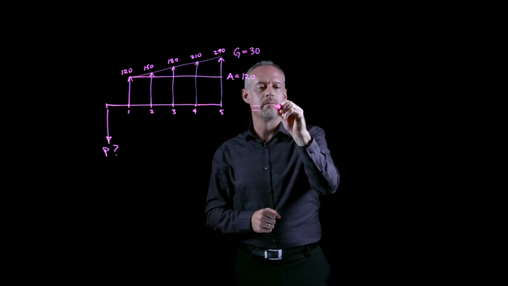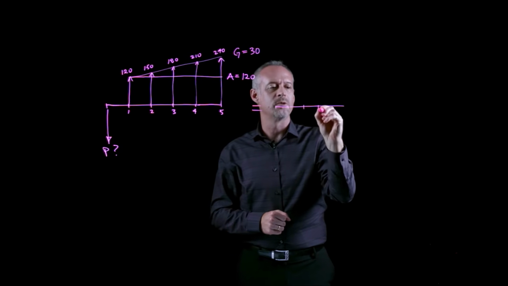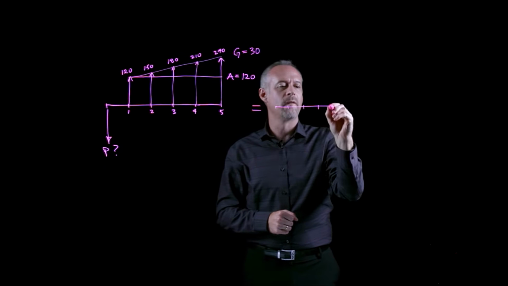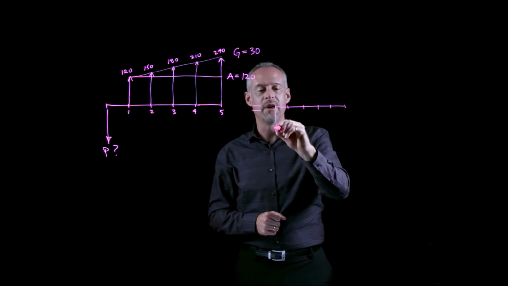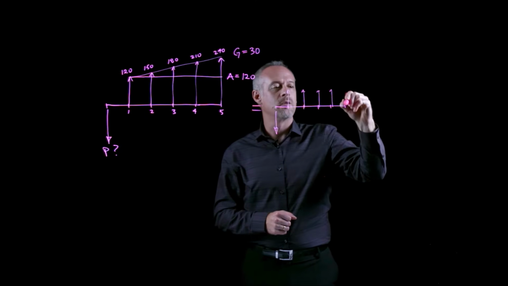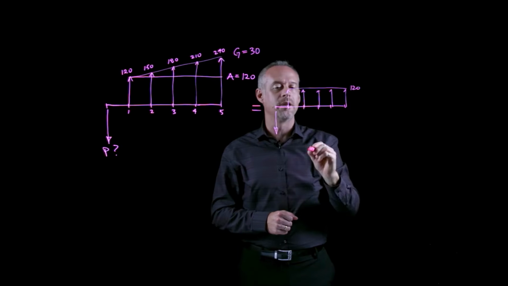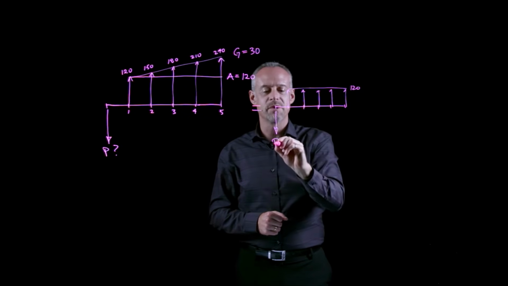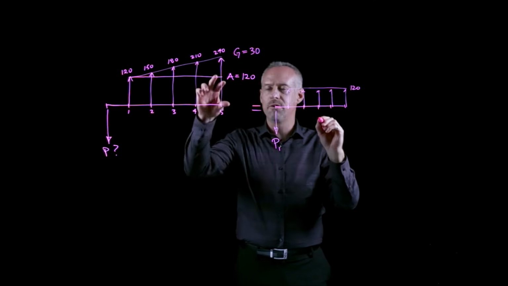I'll draw 1, 2, 3, 4, 5. So here's my 5 years, my unknown P, and I'll put the $120 annuity on here. And I'm going to call this P1, my $120 underlying annuity.